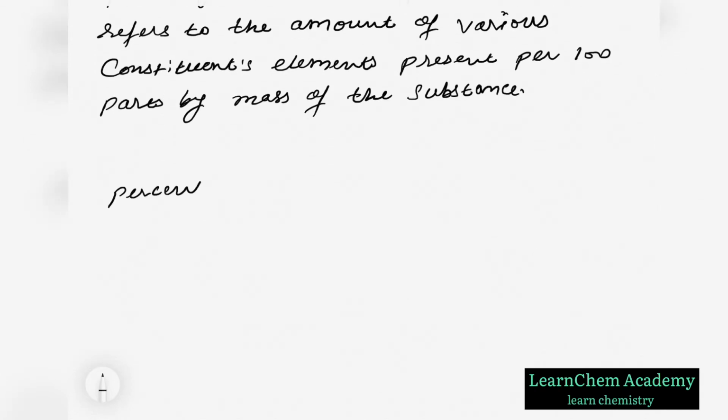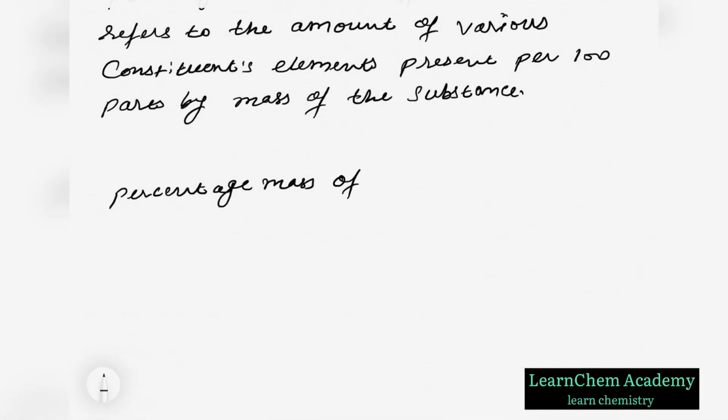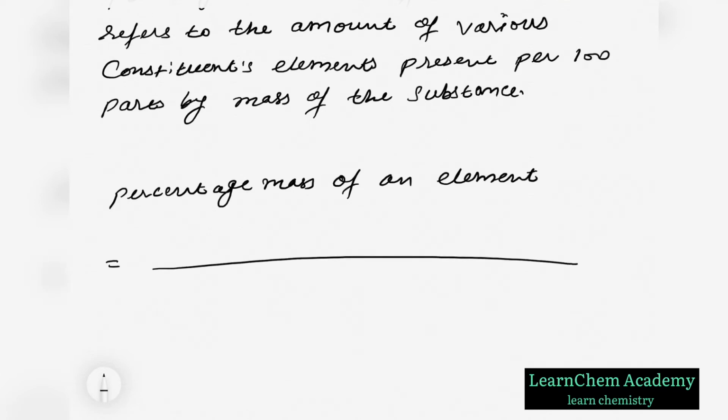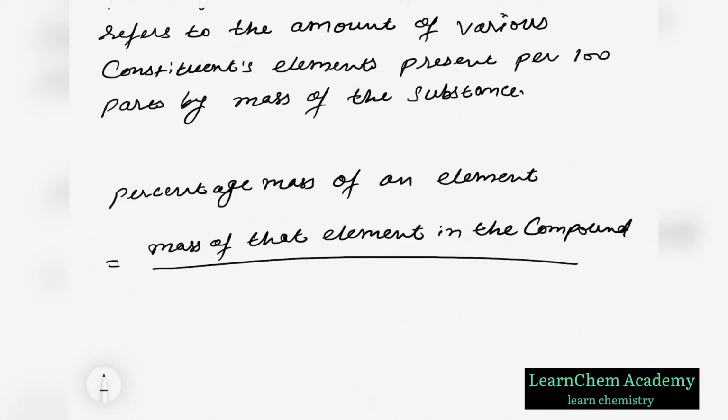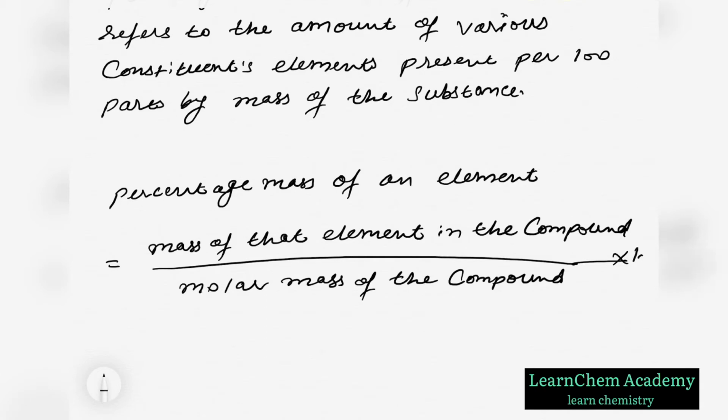The percentage mass of an element would be the mass of that element in the compound divided by the molar mass of the compound, into 100.